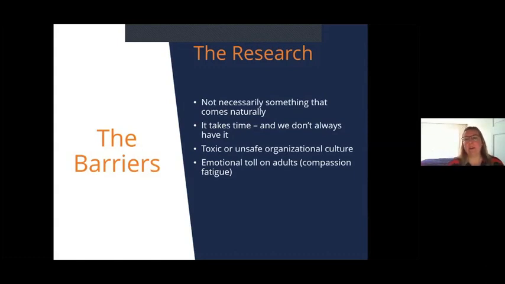So we have to be very aware of that and understand that that's a good reason to start to improve connections amongst teachers, amongst colleagues, so that we can then allow that to help us build relationships with our students as well.